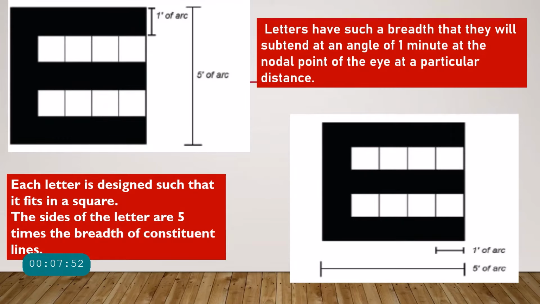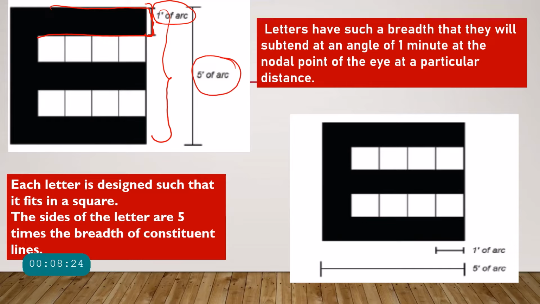Now, the letters in the Snellen's chart are designed in such a way that their breadth will subtend an angle of 1 minute at the nodal point of the eye at a particular distance. Suppose this is a letter E, and you can see each part of this letter E. If you consider only this part of the letter E, this will subtend an angle of 1 minute of arc, right? The entire letter, however, will be subtending an angle of 5 minutes of arc.